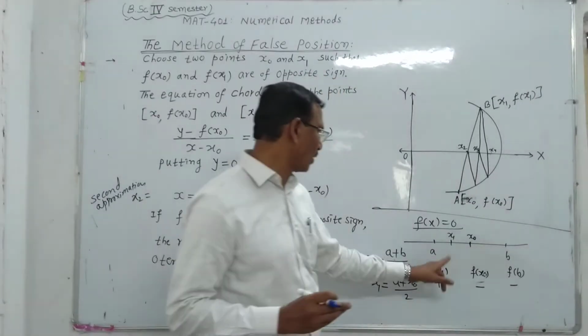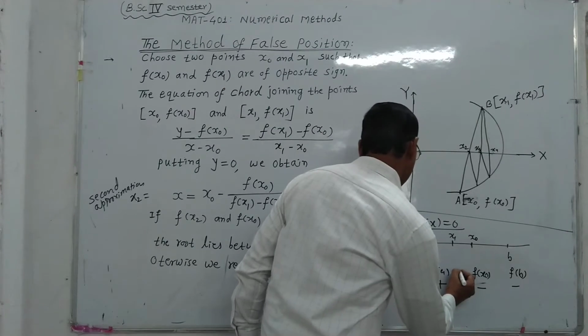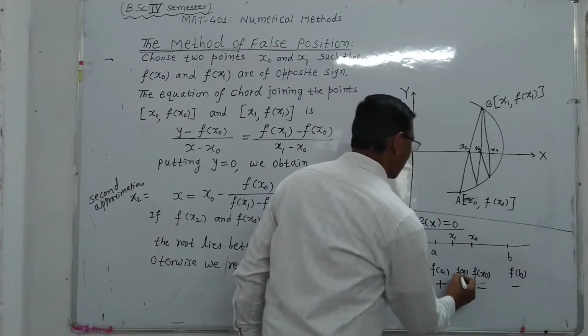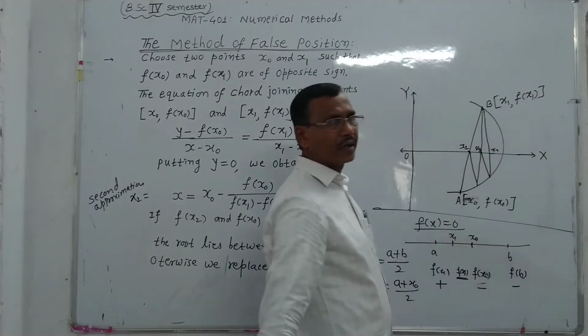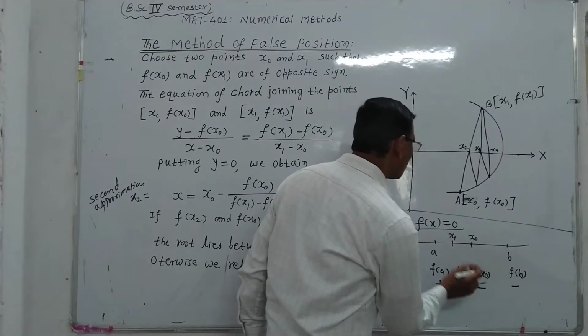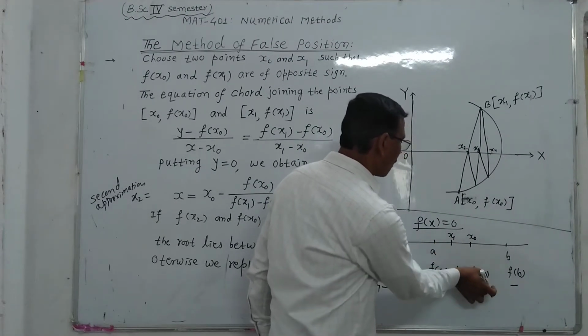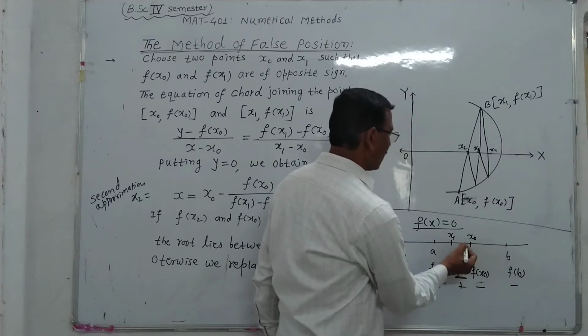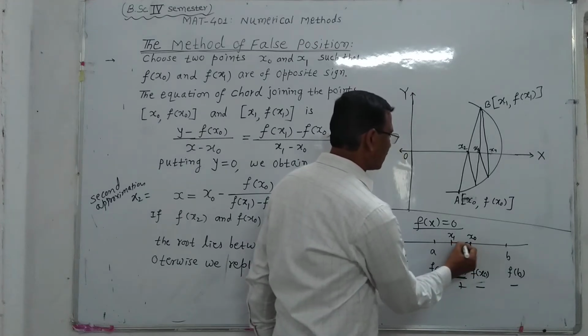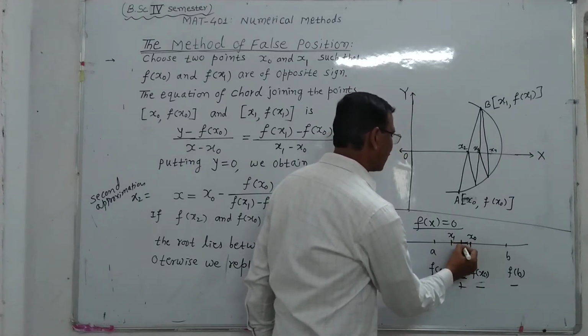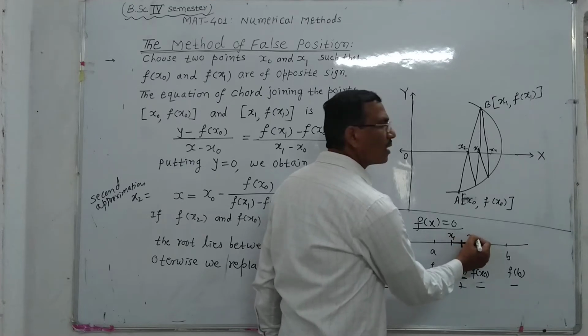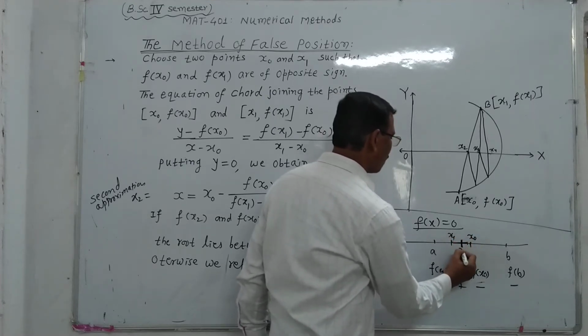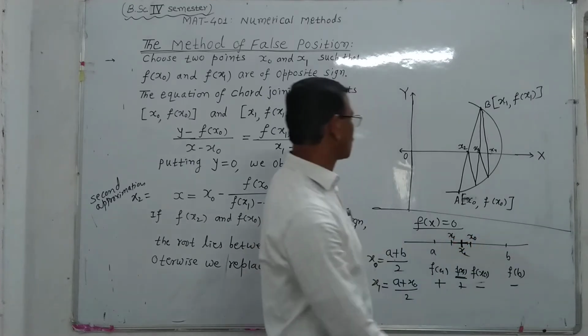If it is not equal to 0, again we obtain f of x1, which is either positive or negative. If it is positive, f of x1 and f of x0 have opposite signs, and therefore the solution lies between this interval. I can bisect this interval, that is x1 plus x0 divided by 2. We shall consider this as x2.